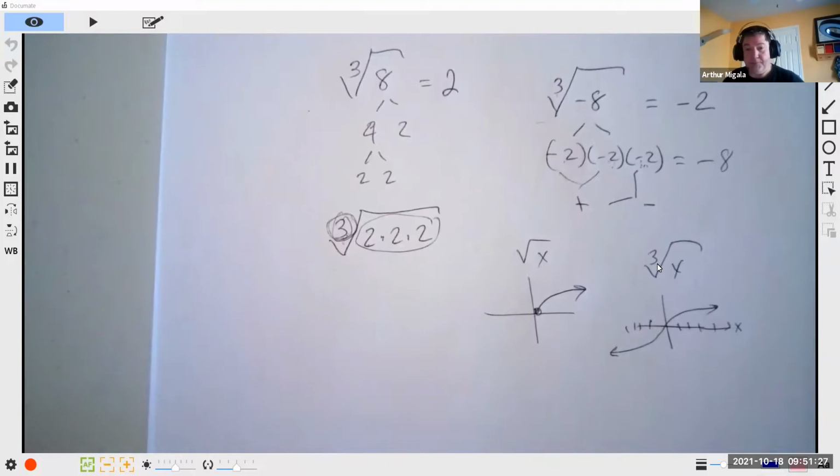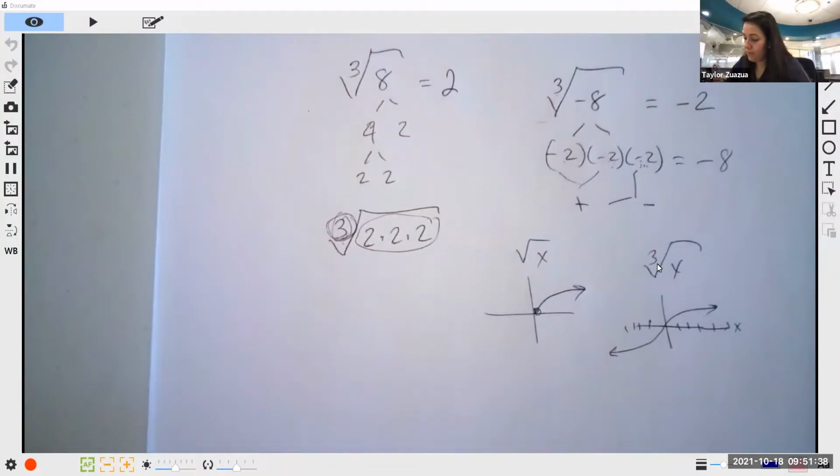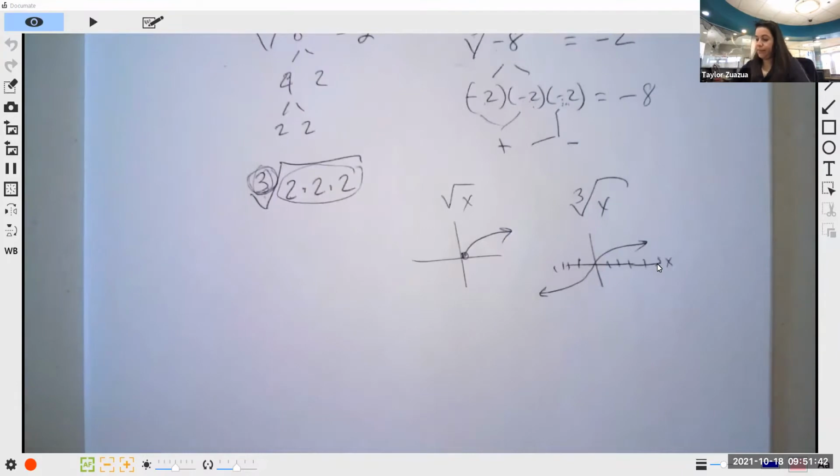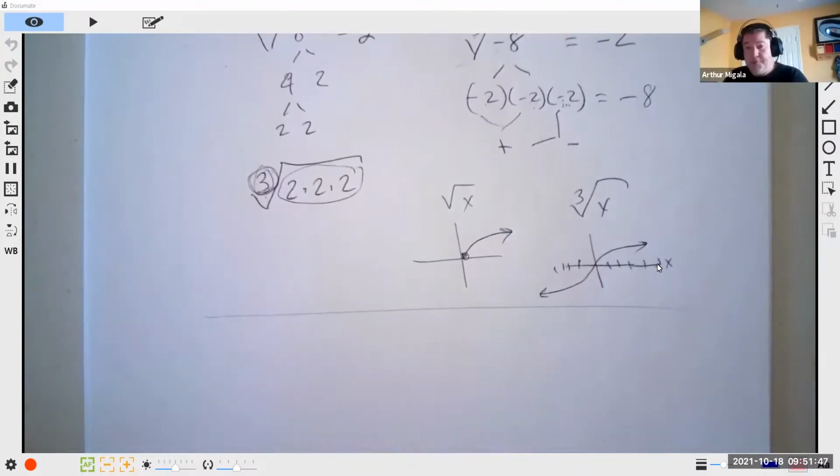They both work. Positive or negative. So far, so good? Yep.